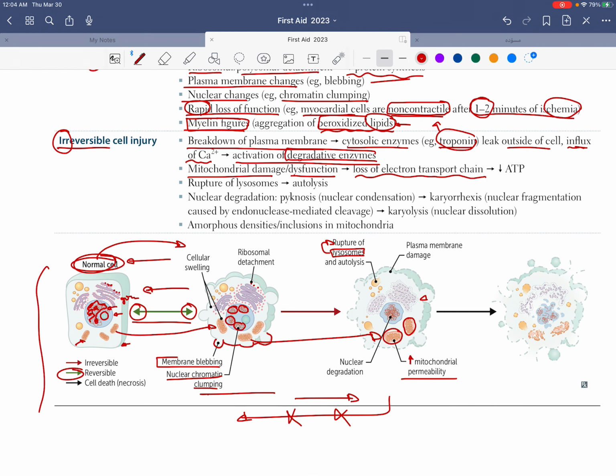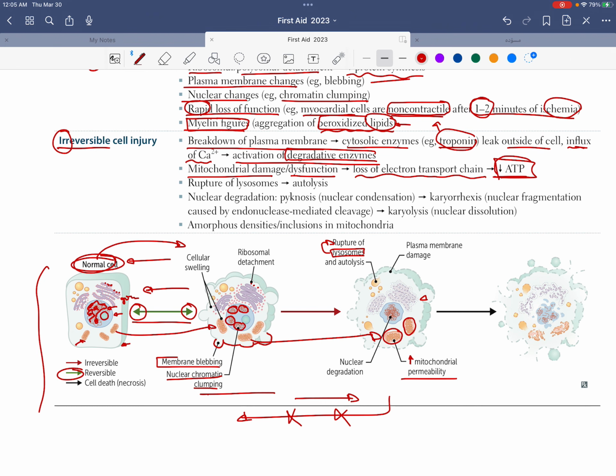If we lose the electron transport chain, which is supposed to happen in the mitochondria, that means a decreased level of ATP. And we know that a decreased level of ATP is really bad, because the body is unable to function on the cellular level. Cellular components of the body are just not functioning as they're supposed to, and that's a huge problem.